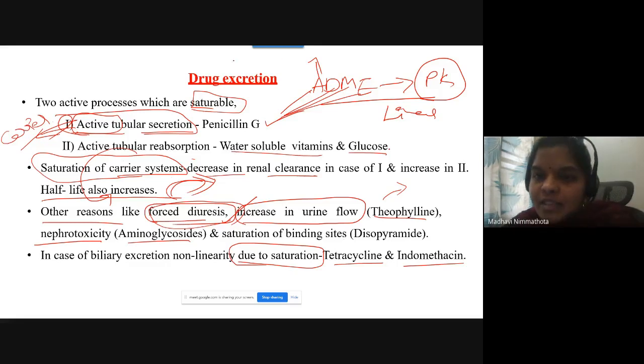In case of drug distribution, the drug may bind to proteins or ligands or plasma proteins, whatever it is. I told you already 4 to 6 plasma protein binding sites are there.